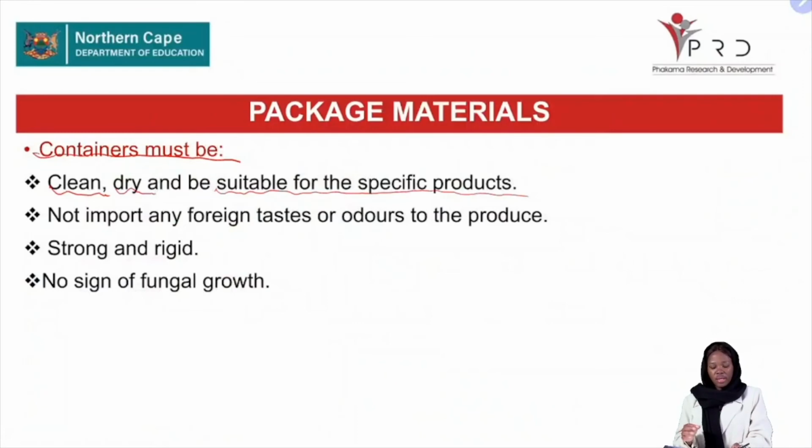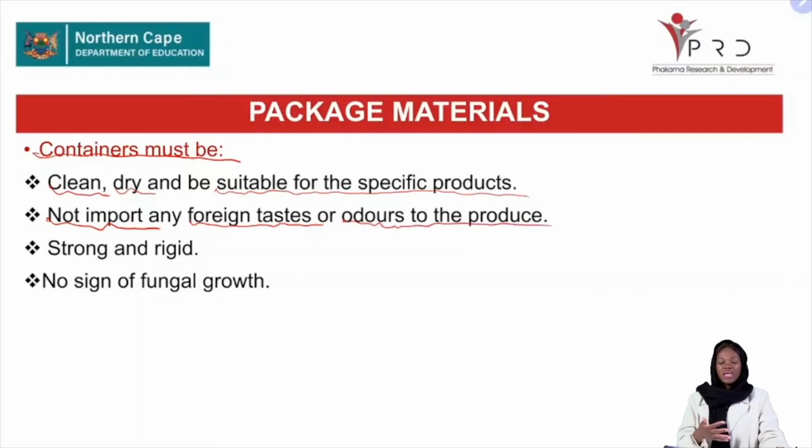The second one, the pocket or the material used must not impart any foreign taste or odors to the produce, which may contaminate the produce or the product, leading to an increase in health risk. Right?